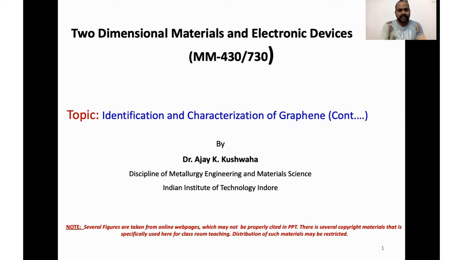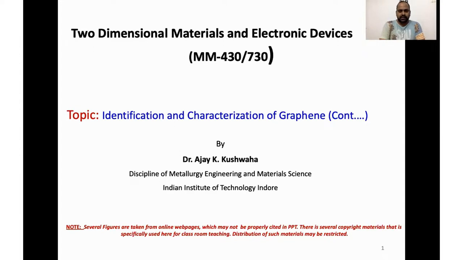So in the last PPT discussion, we talked about microscopic characterization of graphene and graphene oxide, particularly scanning electron microscopy and how we can use it to analyze graphene and its derivative.